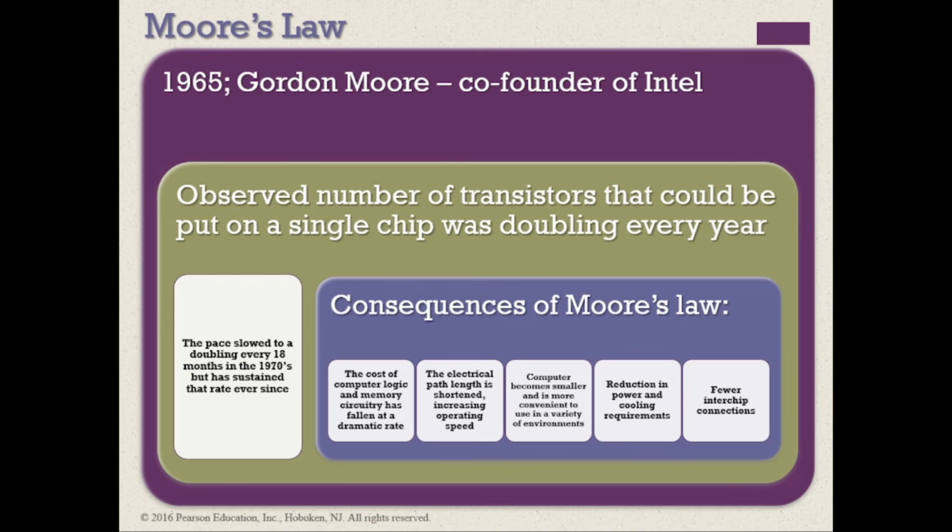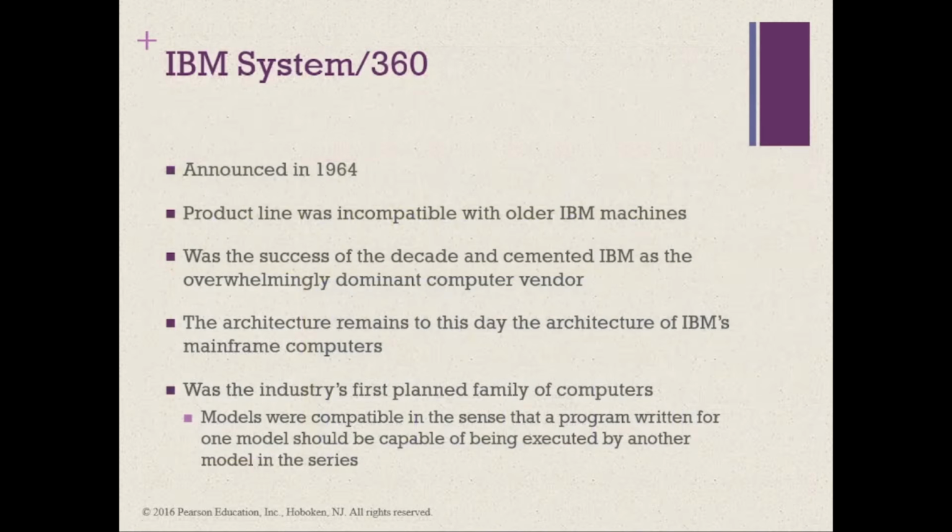Okay, next. We have an example of this third generation that uses integrated circuits: the IBM System 360. By 1964, IBM had a firm grip on the computer market with its 7000 series of machines. In that year, IBM announced the System 360, a new family of computer products.